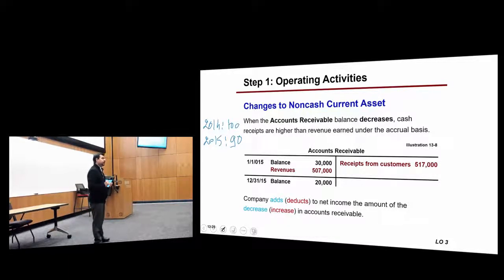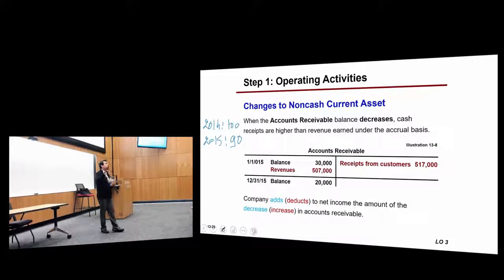Which means the company received more cash than they actually recognized as revenue. They received all the cash from this year plus 10,000 from previous years, from debts that customers owed them in the past. So what happens in this case?